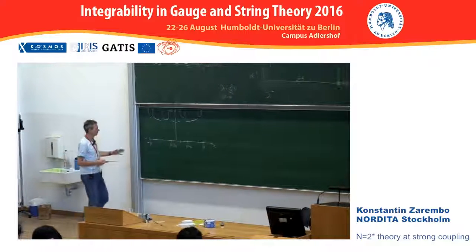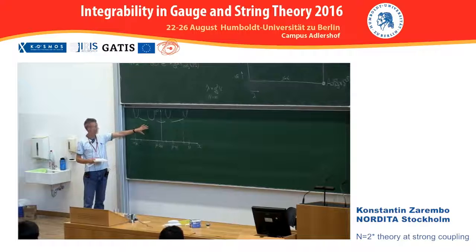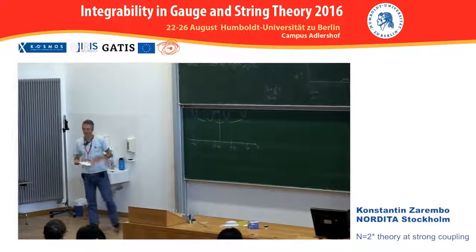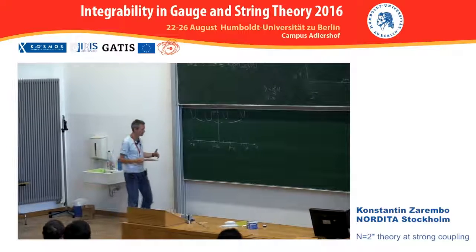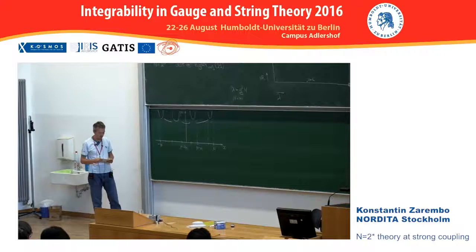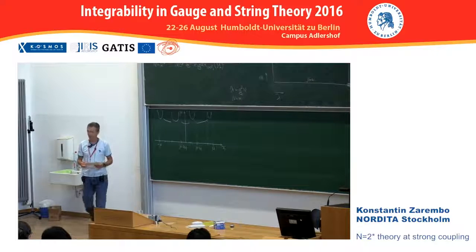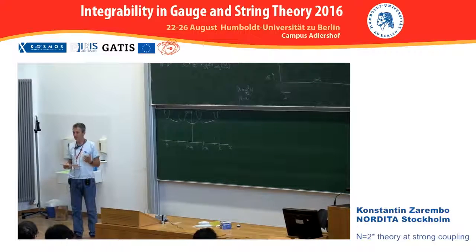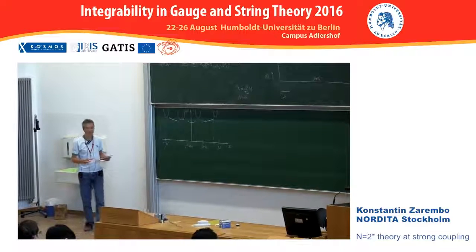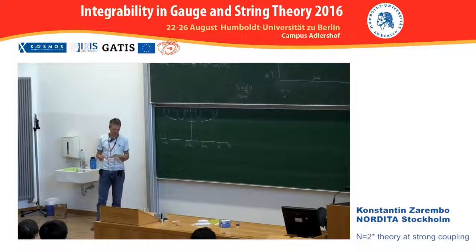In general, there is no analytic way to calculate the shape of this function, but one can reduce the problem to some equation that can be very efficiently solved numerically. And then at strong coupling, one can do a systematic expansion in 1 over lambda. So let me write down the result for you.